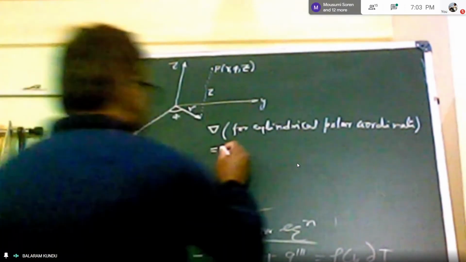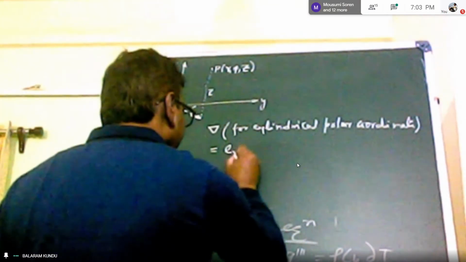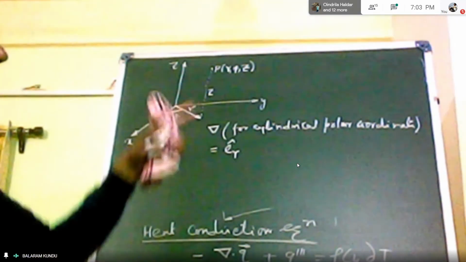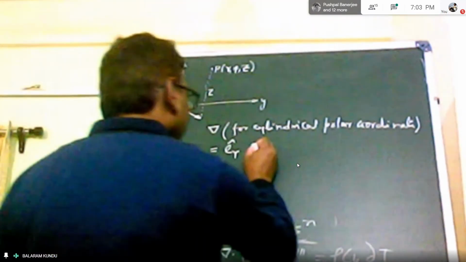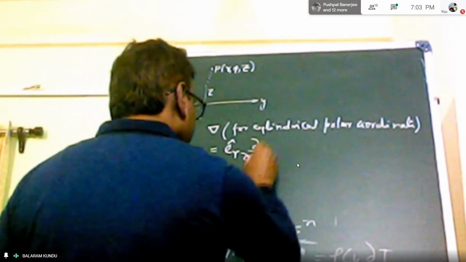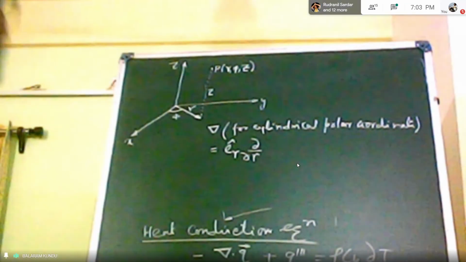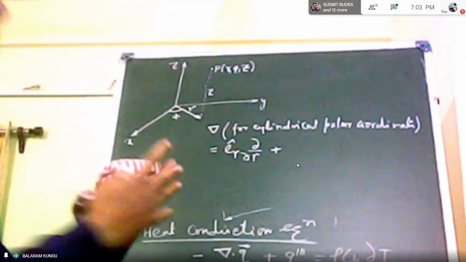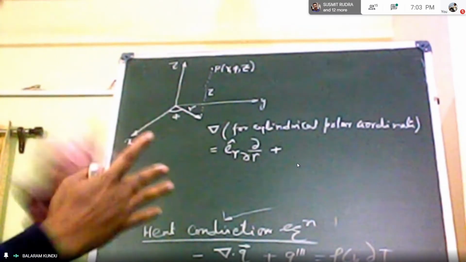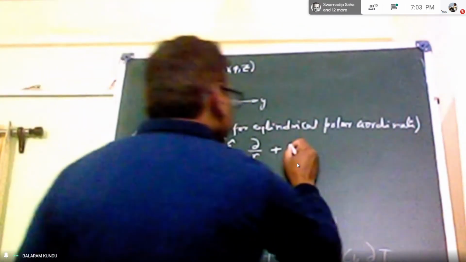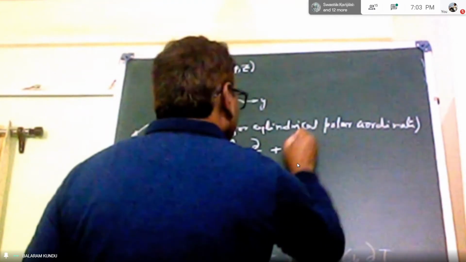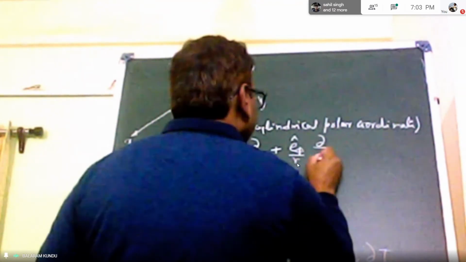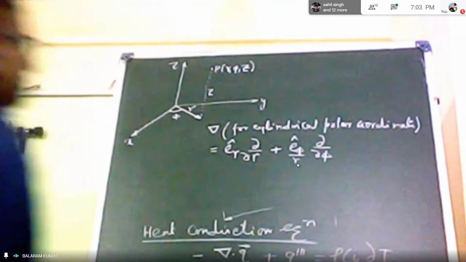So e_r times del by del r, plus the unit vector acting in the phi direction, with notation e_phi, times 1 over r, del by del phi. So this is your gradient.